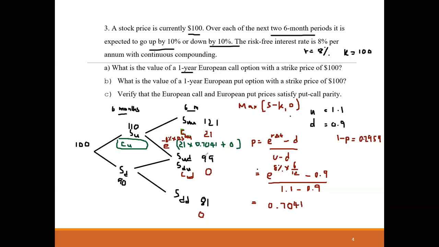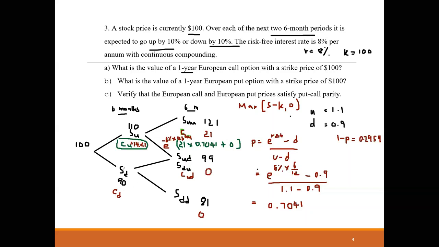If you calculate it correctly, taking 2 decimal places and rounding up, you should get 14.21. So you will have 14.21. Over here, what would be the value of CD? If it goes down once, what would be the value of the option?